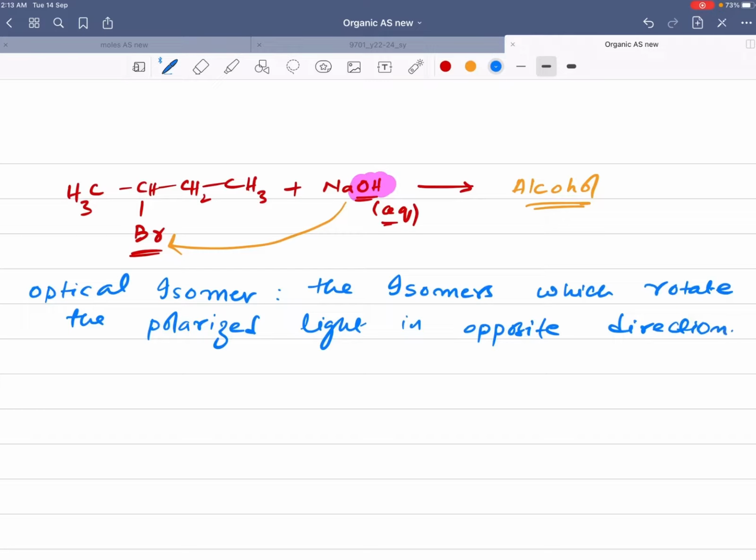They have the same molecular formula, they have similar structure, but they rotate the polarized light in opposite directions because of the different orientation of atoms in space, right?